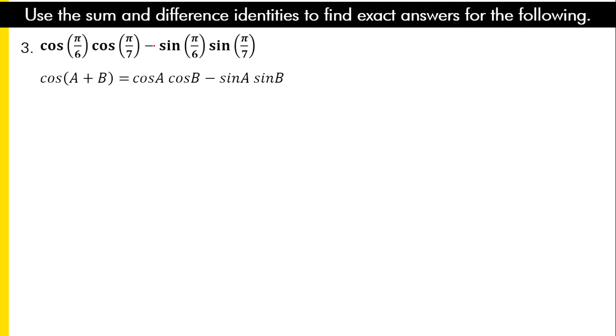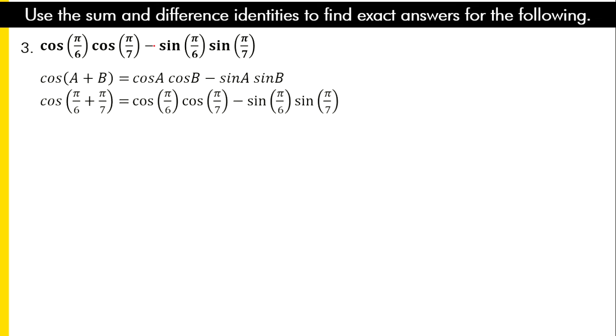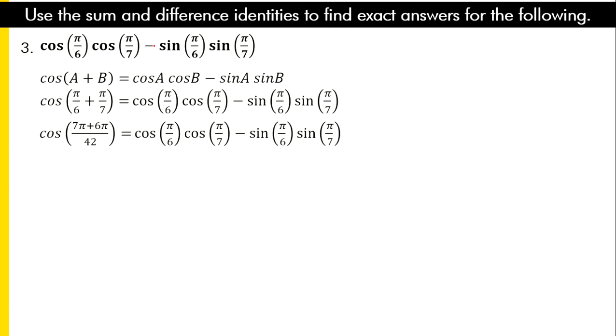Cosine A plus B is equal to cosine A cosine B minus sine A sine B. Let's say our A is pi over 6 and our B is pi over 7. As we substitute that, we have cosine of pi over 6 plus pi over 7. Finding the LCD, which is 42, we get 7 pi plus 6 pi, which is 13 pi over 42. So this is simply cosine 13 pi over 42.